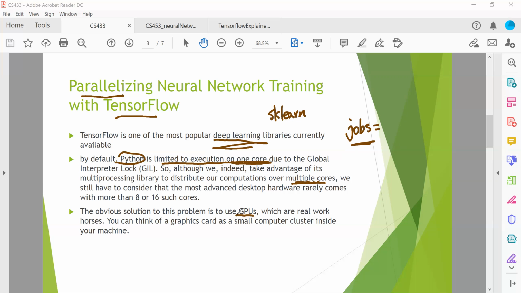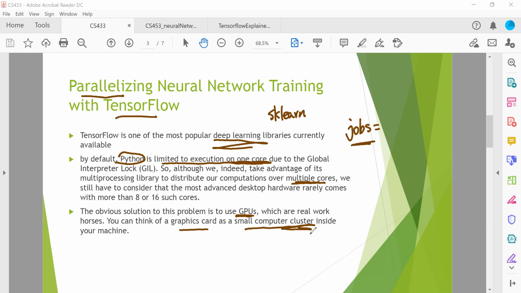And right now we want to use more and more GPUs, graphics processing units. The graphics card can basically be viewed as a small computer cluster. It's like multiple computers.